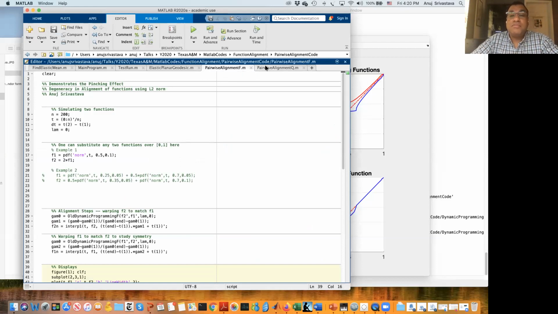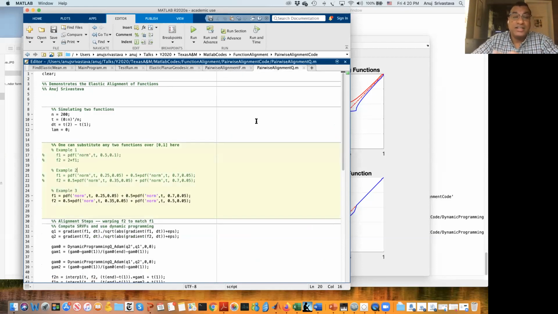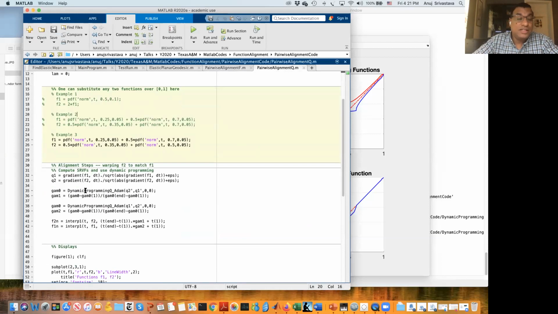But now I'm going to do the alignment with SRVFs, pairwise alignment SRVFs. Basically I'm running the same program, but I insert the calculation of the SRVF. So I start with F1 and F2, and let me take the same exact examples as the previous case.